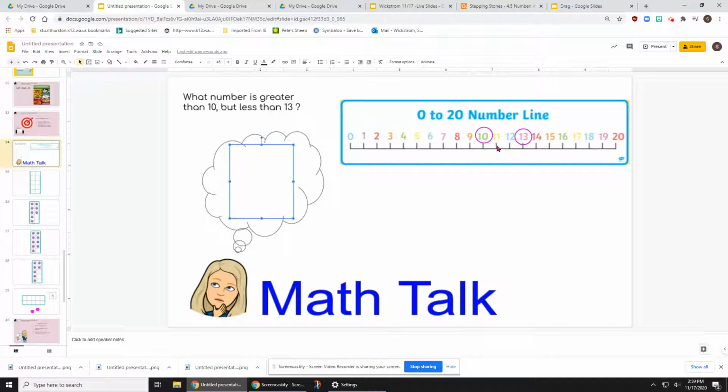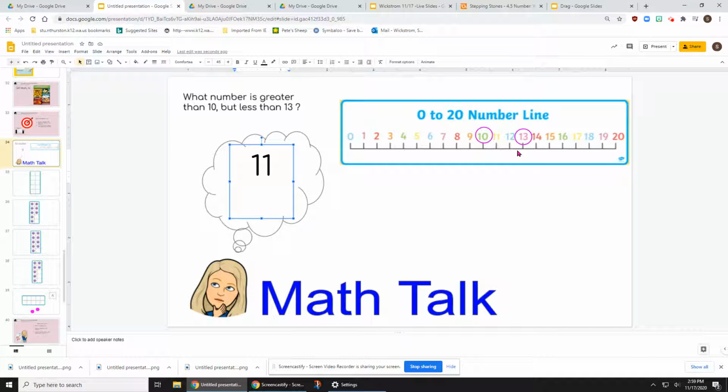So if we look at 11, is 11 greater than 10? Yes. And is it less or smaller than 13? Yes. So 11 is an answer. And you said there might be another one? 12. Is 12 greater than 10? Yes, it is.